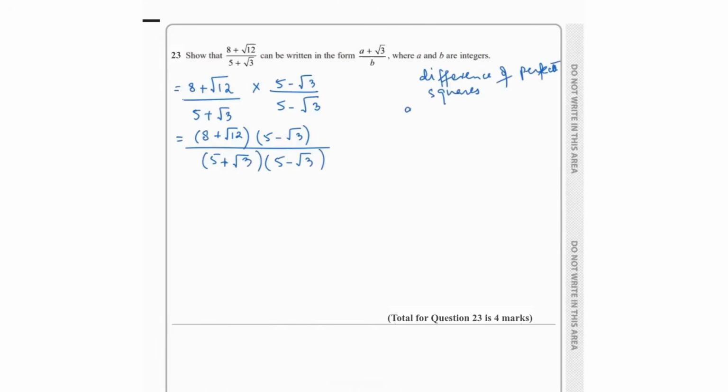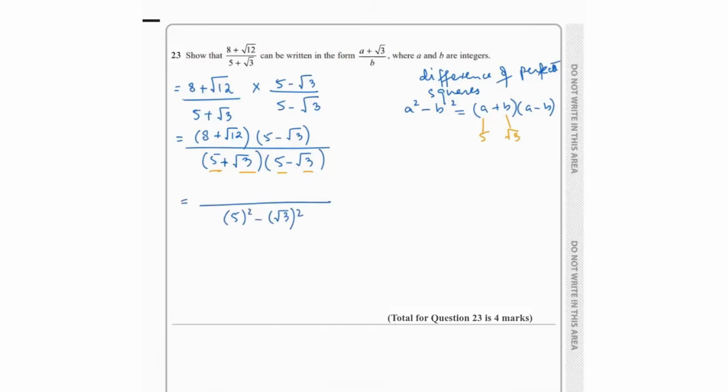According to this, a squared minus b squared, which is two squares being subtracted, will equal a plus b times a minus b. If we compare this over here, our a is 5 and b is root 3. So we can rewrite this as 5 squared minus root 3 squared.